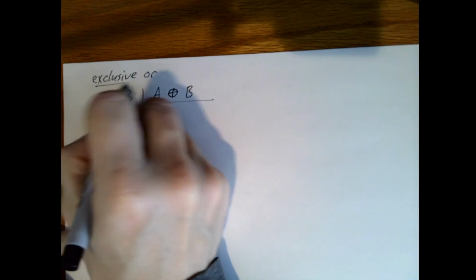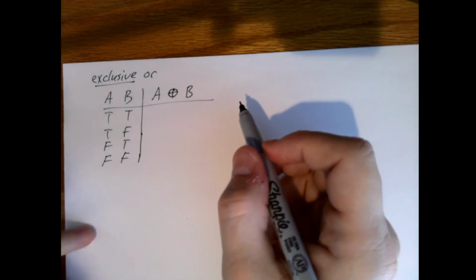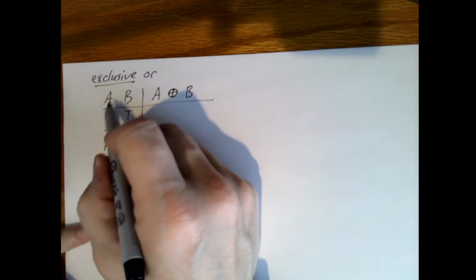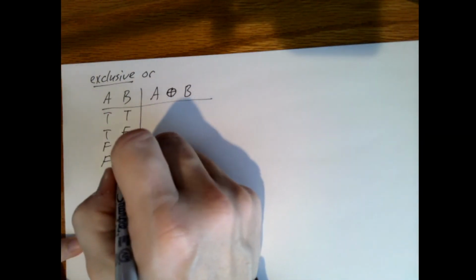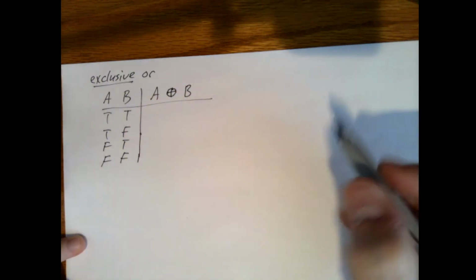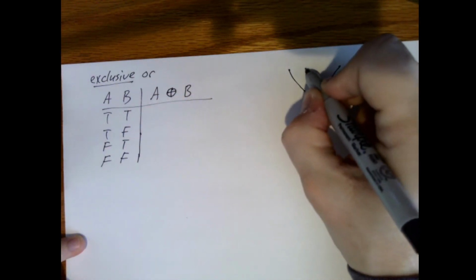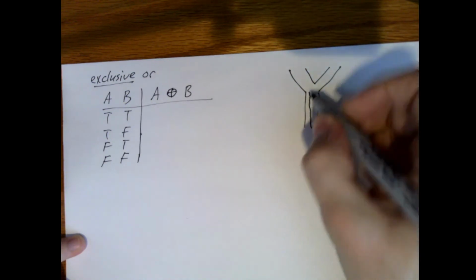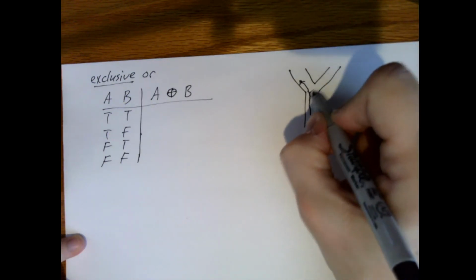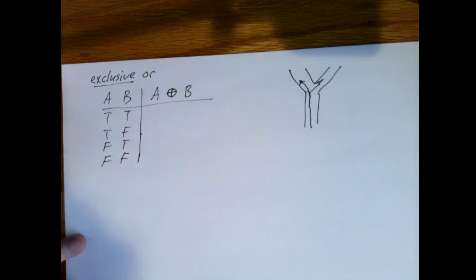Now with an exclusive or, and it's only here really for binary things, this would be a situation like if you have a fork in the road. I'm going this way, and I can go left, or I can go right, but I can't do both.